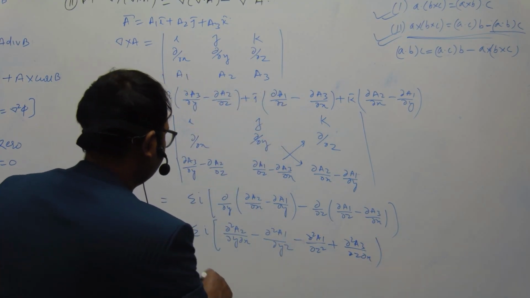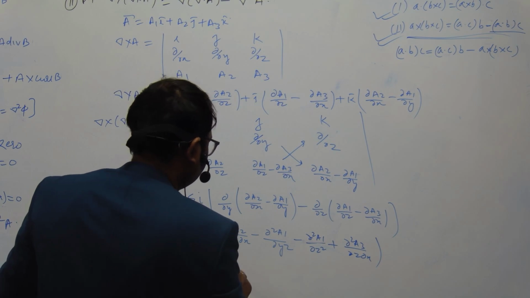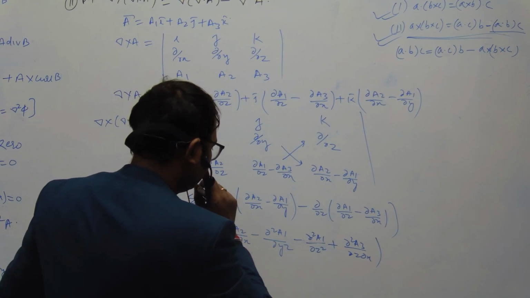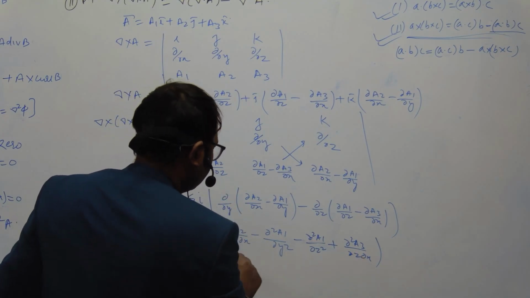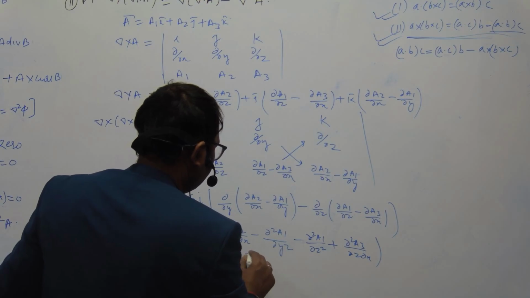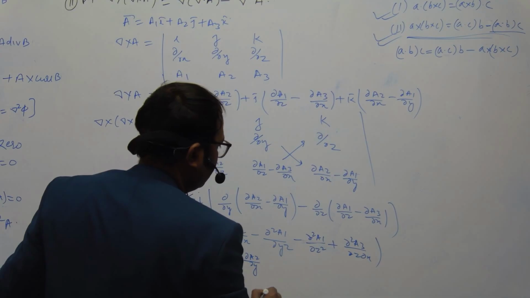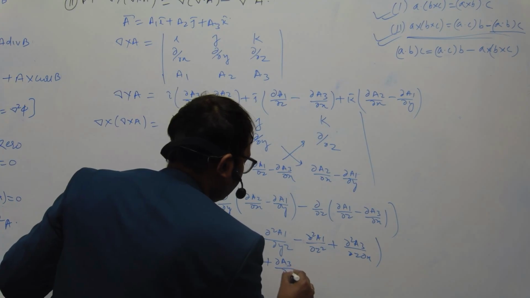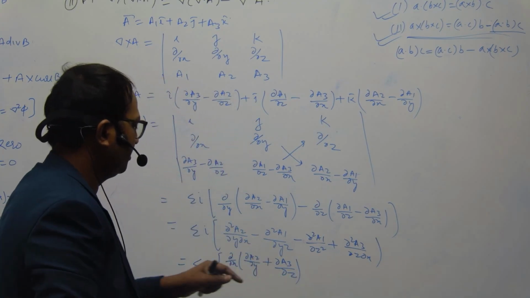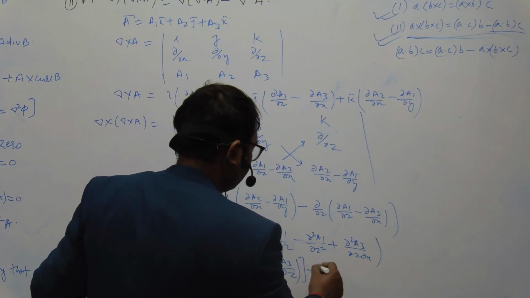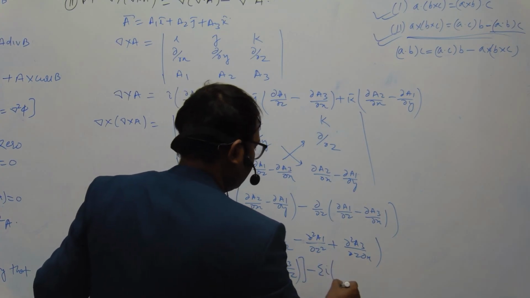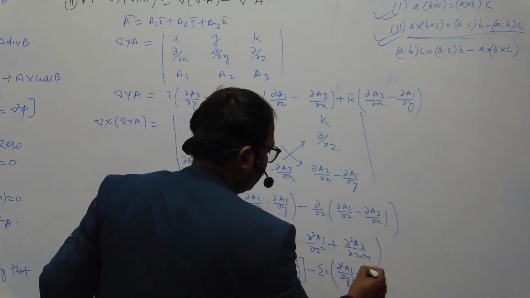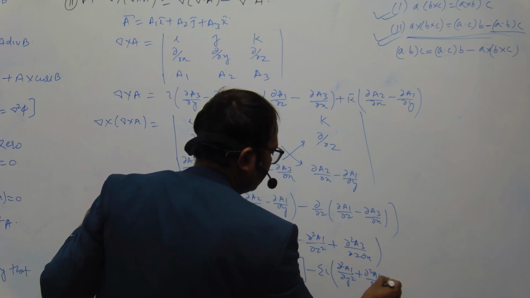Okay, so this is equal to summation i. Let us take del x common. So this is del upon del x of del a2 upon del y plus del a3 upon del z, and this is minus summation i, del square a1 upon del y square plus del square a1 upon del z square.